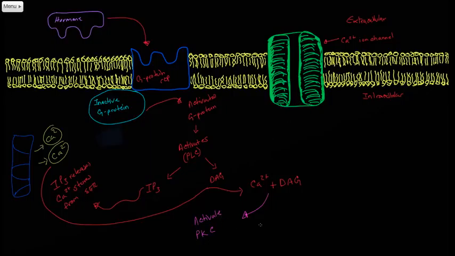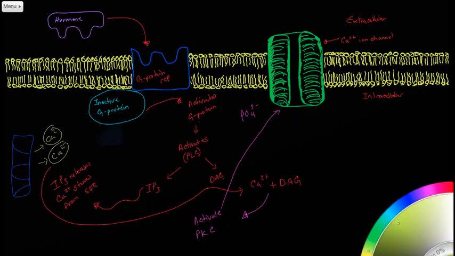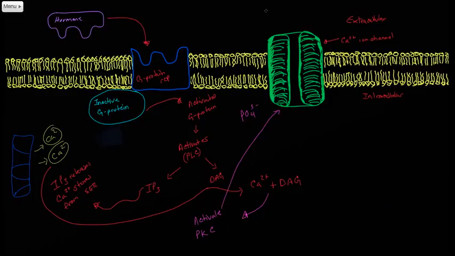So PKC then in turn travels up to the channel and phosphorylates it. Now remember that phosphorylation is the transfer of a PO4. It transfers it to the channel protein and it opens the calcium channel. This causes cytosolic calcium to enter into the cell.